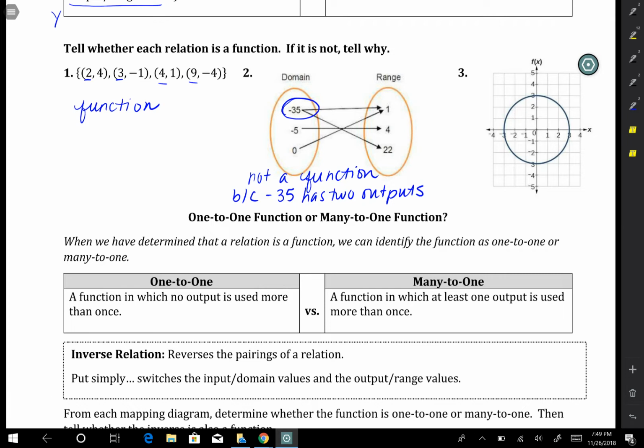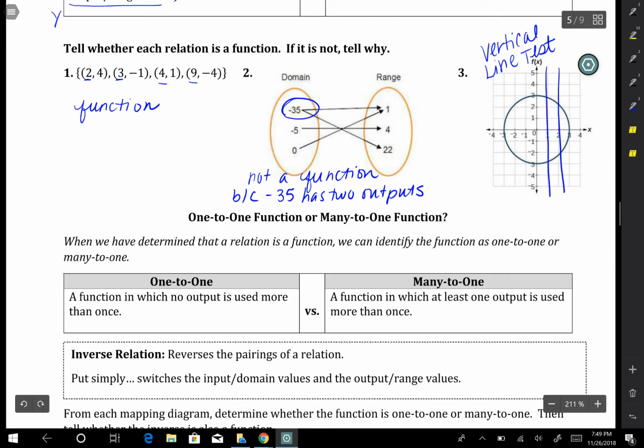In number 3, we have a graph. I'm not sure if you guys remember the vertical line test, but graphically, we can use the vertical line test to determine whether a relation is a function. If we draw vertical lines down the graph and hit more than one point at a time, that means that this x value is going to more than one y value.